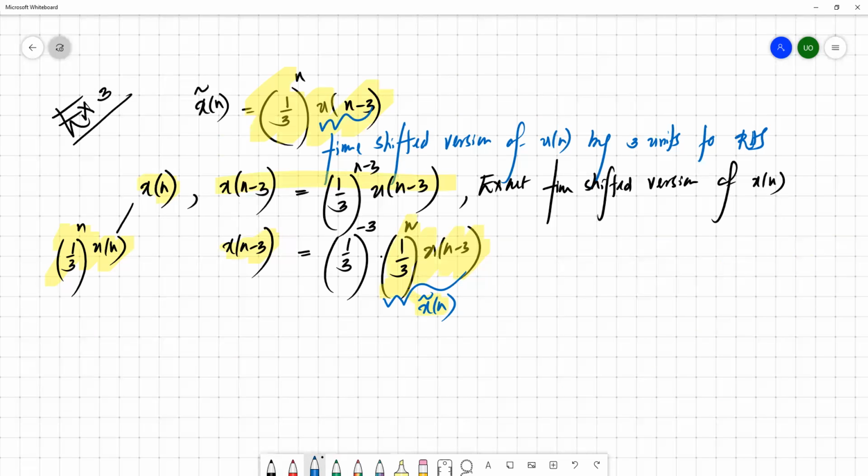From this you can claim that x tilde[n] equals (1/3)^3 x[n-3].